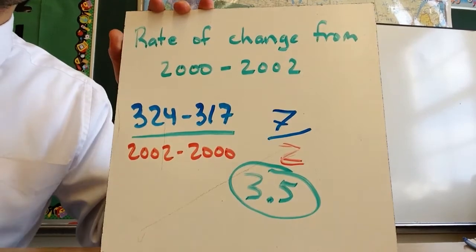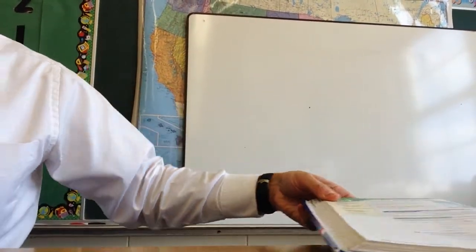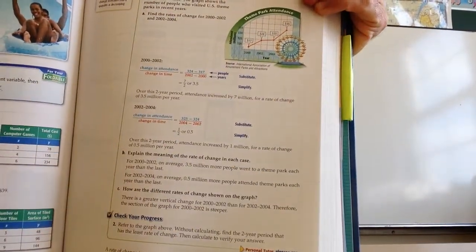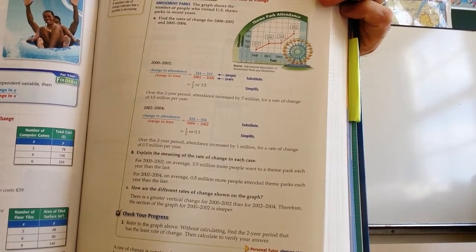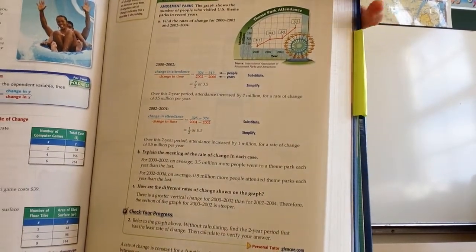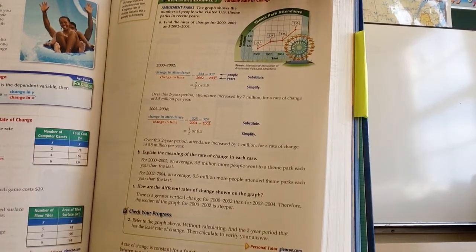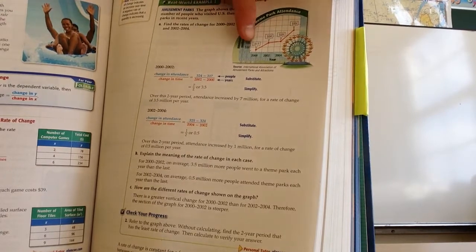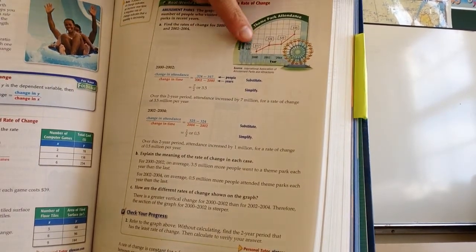Now I'm going to bring back that table. I want you to think about what does 3.5 mean in this particular problem? So if you're looking at this table, and we talk about that the rate of change is 3.5, what 3.5 represents is the number in millions of the rate of change in millions of attendance over each year between these 2 years.